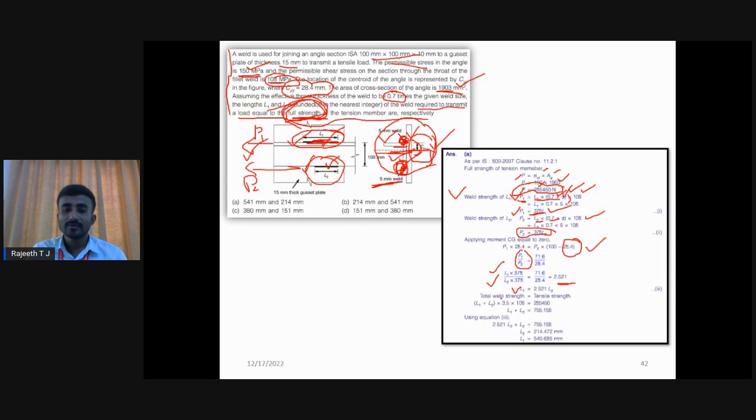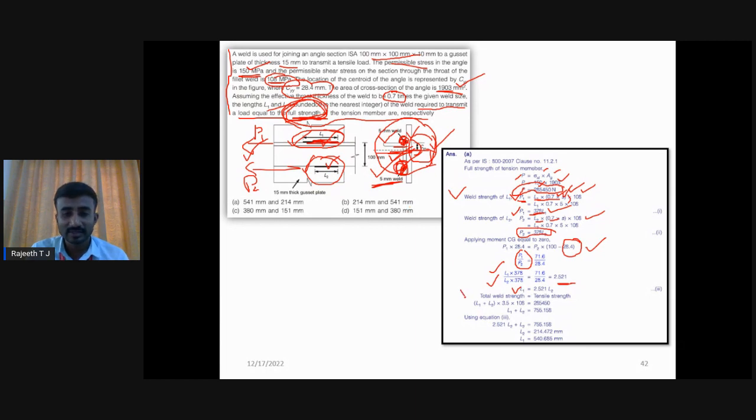Now, if you equate the tensile strength of the member to the strength of the weld, since the joint is in equilibrium, whatever external load is acting on the member must be equal to the welded connection strength.